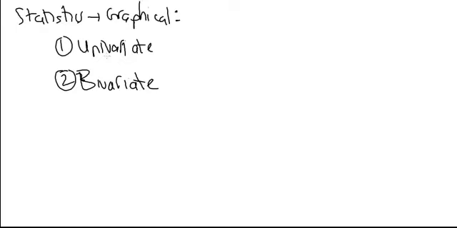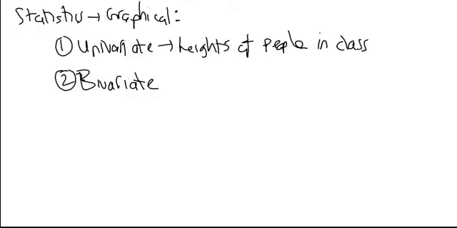So if my sample is the heights of people in the class, that's just going to be maybe in centimeters, so whatever, 170, 175, 180, just a list of numbers.